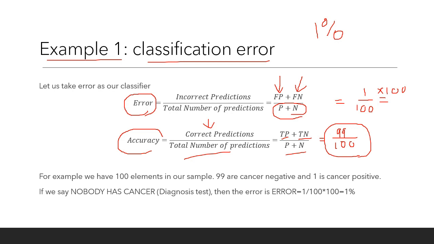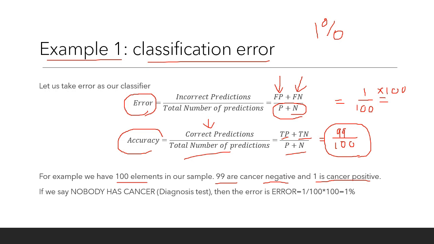So this is a very good example, because it shows that context is important, and you need to know, before you use a machine or a testing device, what it is that you want to do. So let's see. For example, if we have 100 elements in our sample and 99 are cancer negative and 1 is cancer positive, it means the following.